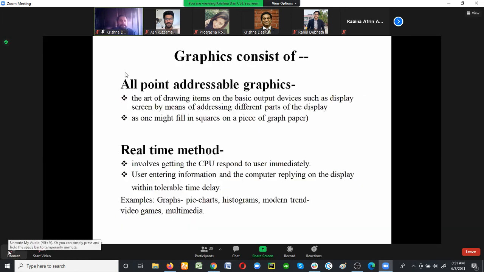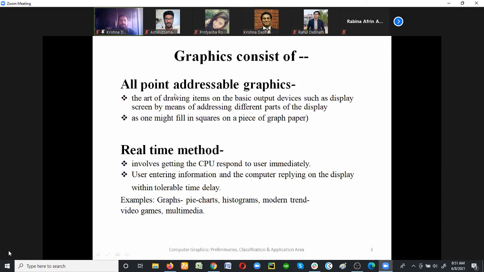Yes. We go on to discuss some characteristics. This is a very important concept for computer graphics that you need to think about.